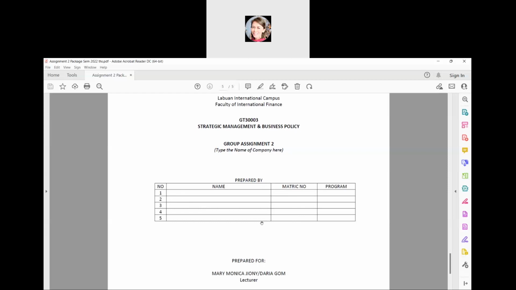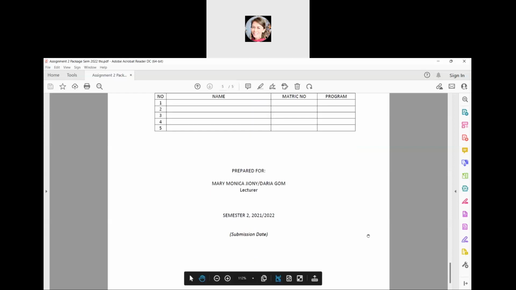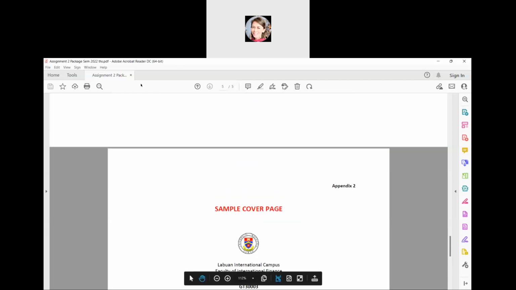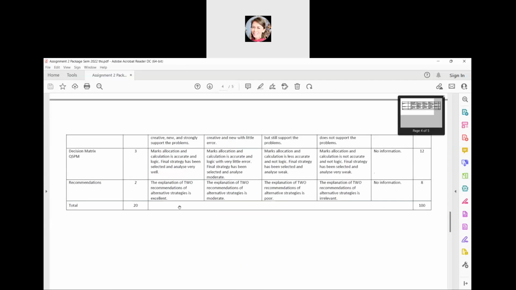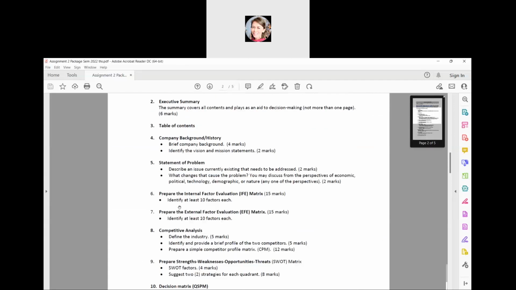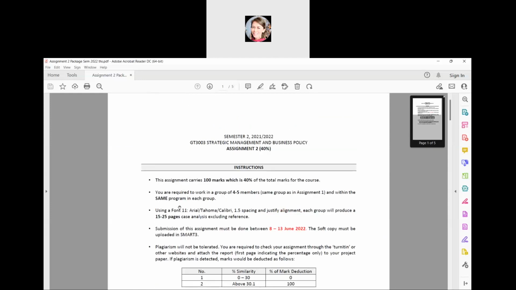What we find problematic is sometimes there are names that are different from our list from the SMP, so it's taxing to look for who exactly this is. So do get the names correct. This is your assignment 2, a group assignment.